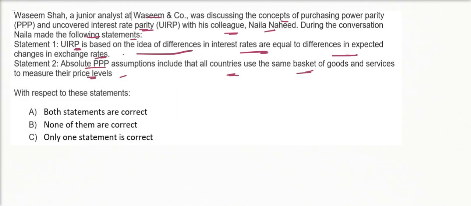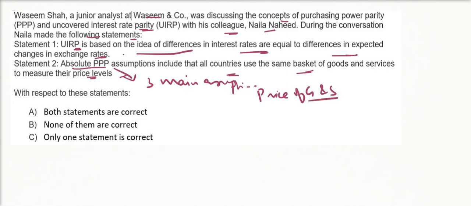If we recall, right, in absolute PPP, there are three main assumptions, right? And these three main assumptions clearly state that the price of goods and services should be the same, taking into account exchange rate factors, right? So this is one of the assumptions, so this statement is correct, right?